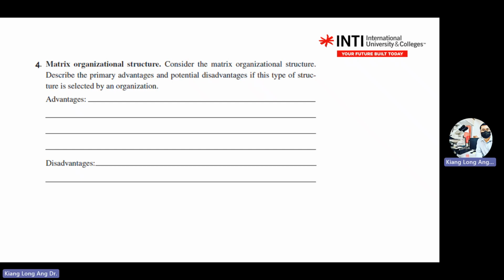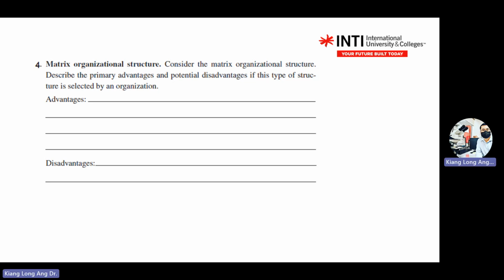Then another one is the schedule. There will be some schedule conflicts. There is more schedule conflict here compared to the traditional one, because you mix everything, so the schedule will be more complex.